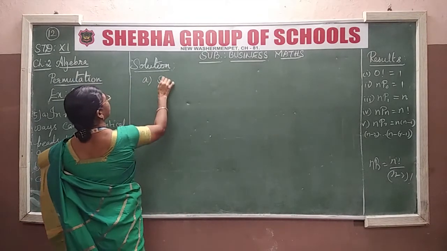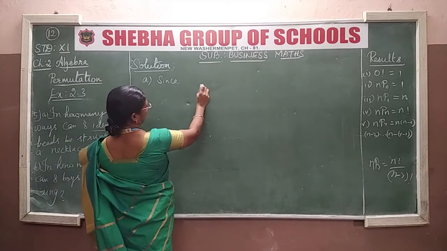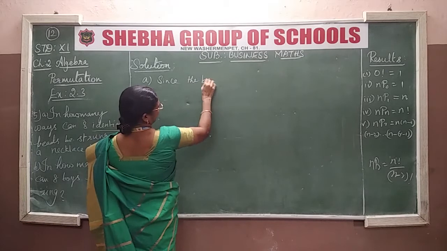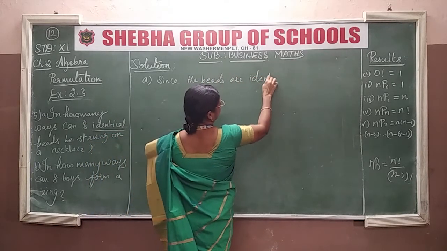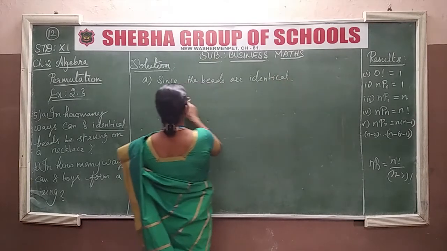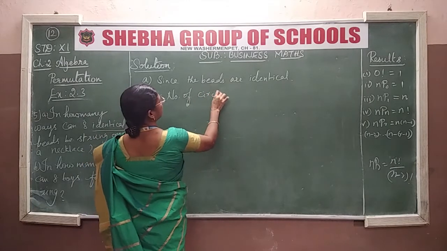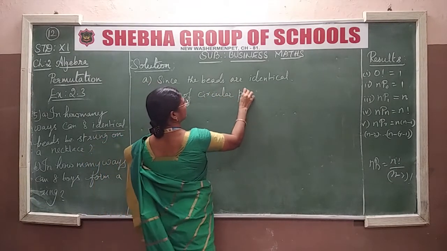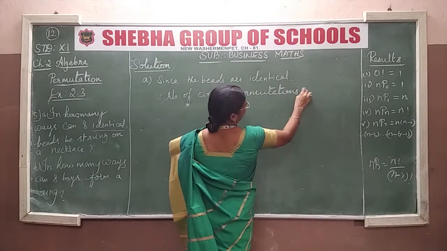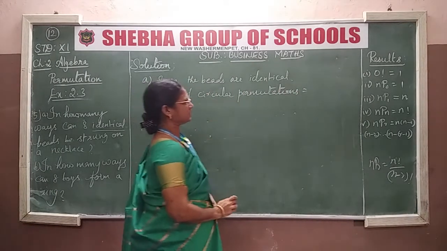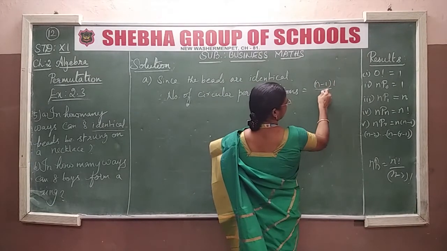First, it is given that the beads are identical. Since the beads are identical, the number of circular permutations, when the objects are identical, the formula is (n minus 1) factorial by 2.